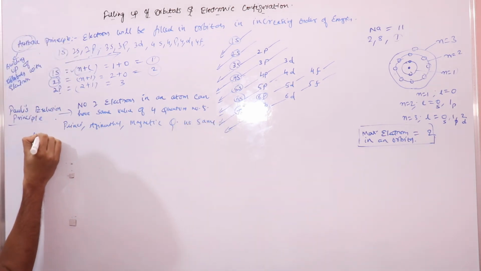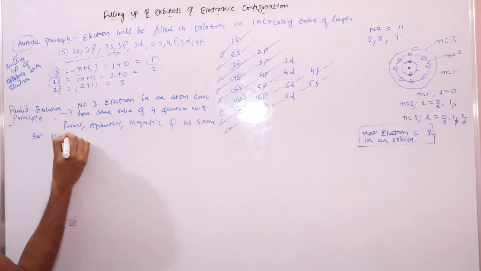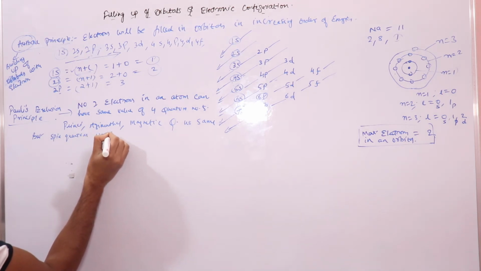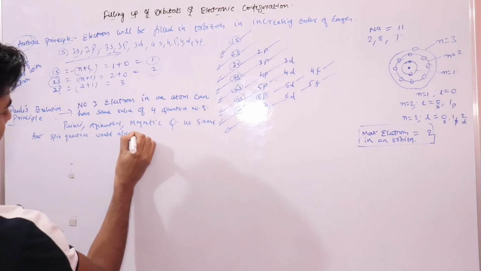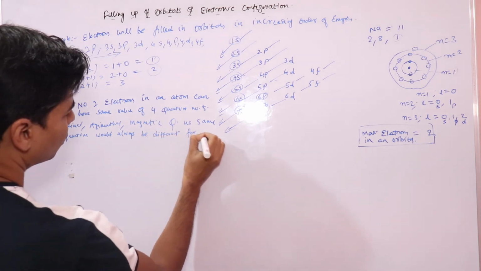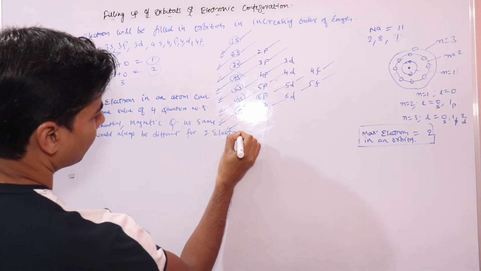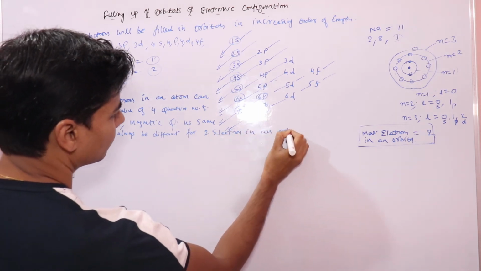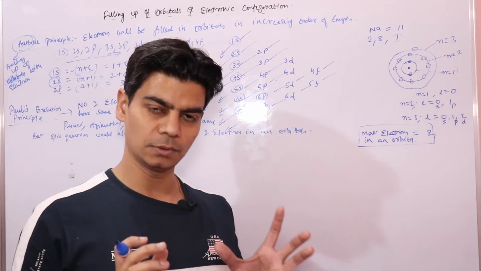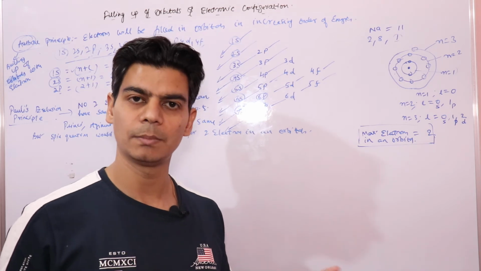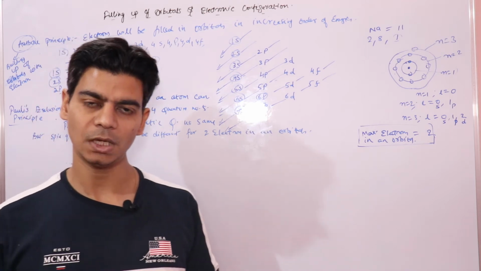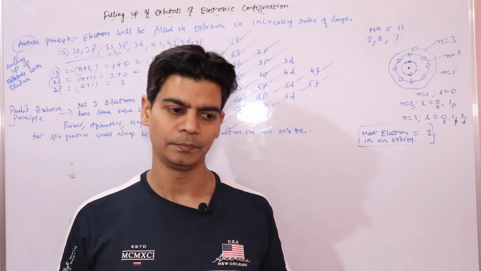But the spin quantum number would always be different for two electrons in an orbital, right? Because we can have maximum of only 2 electrons in an orbital. So the value of the spin quantum number would be different, and we know that there can be two values of spin quantum number. There are two spin states basically, right?